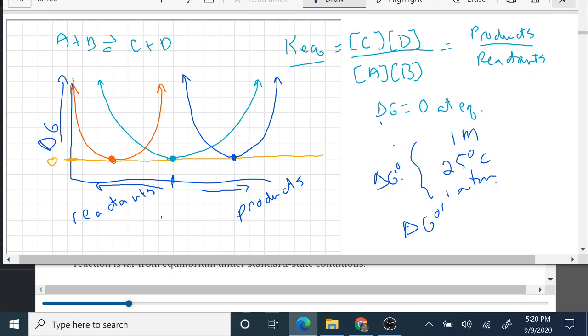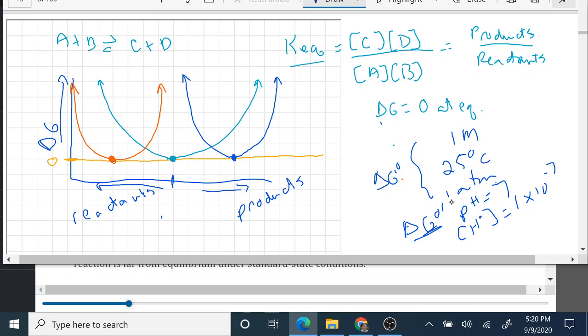So delta G naught prime is going to be at a pH equal to 7, and so that means our hydrogen ion concentration is going to be equal to 1 times 10 to the minus 7 at delta G naught prime conditions. But we're not at prime conditions right now. We're talking about just delta G naught conditions.